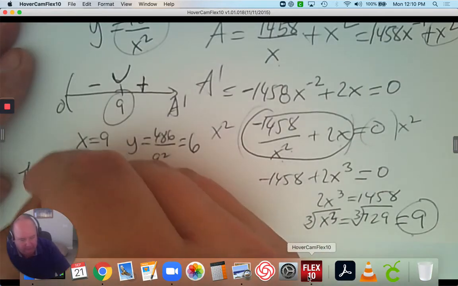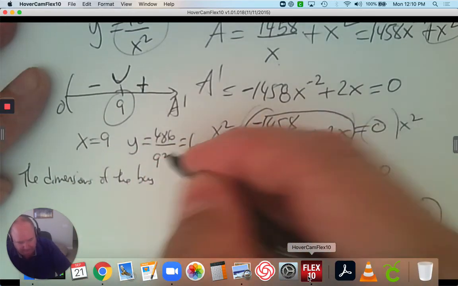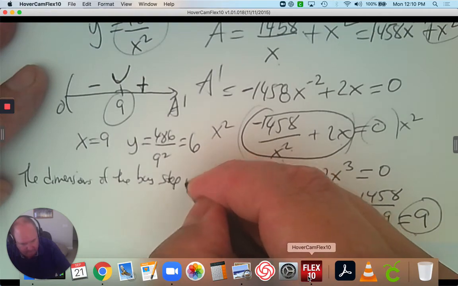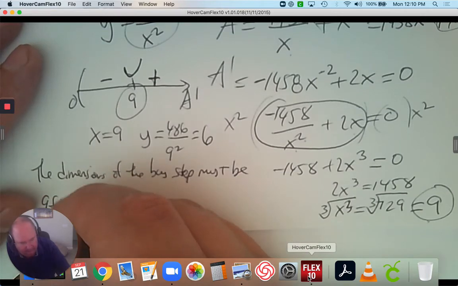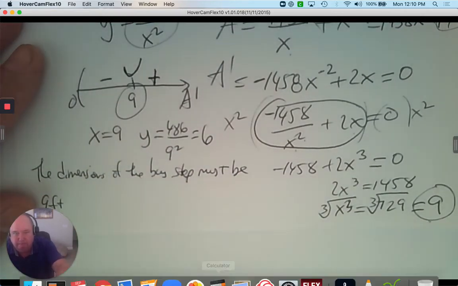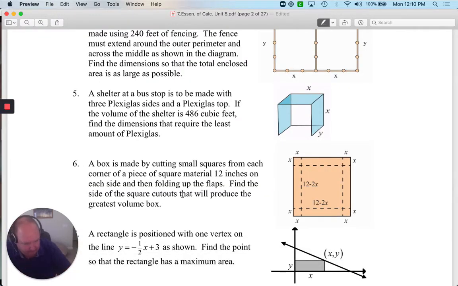So the dimensions of the bus stop must be 9 feet by 9 feet by 6 feet to minimize the amount of material needed to build the bus stop.